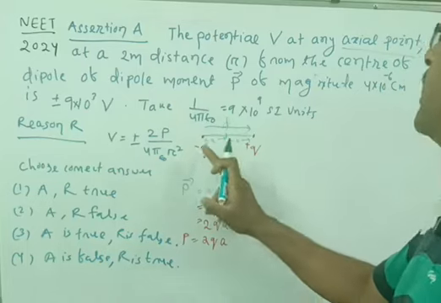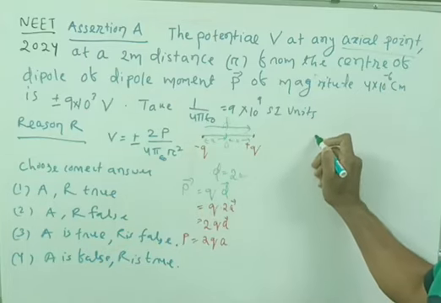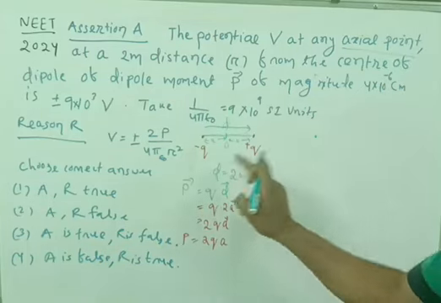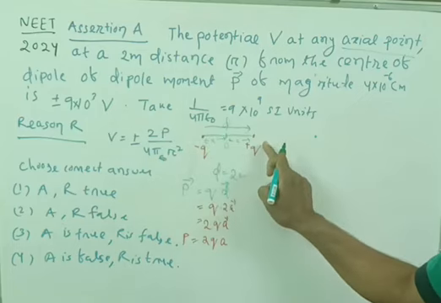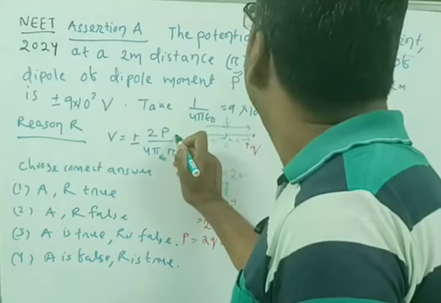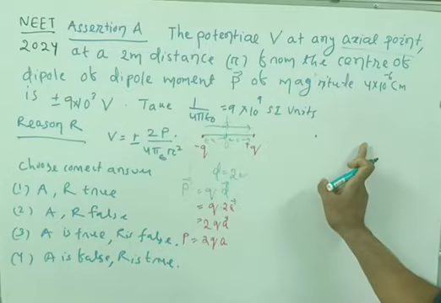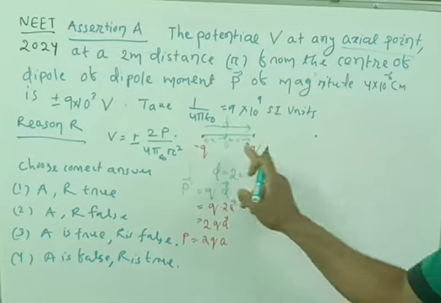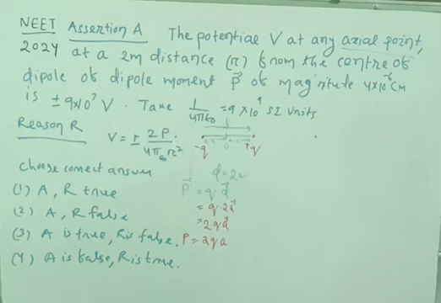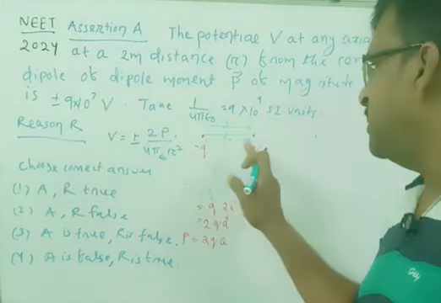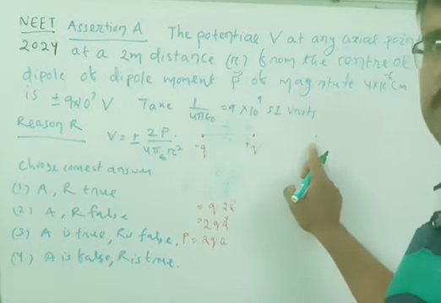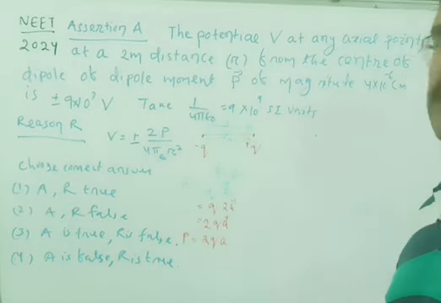Axial point means either the point is here, in this direction of the axis of the dipole, or here, in the direction of the positive charge or in the direction of the negative charge. There are two possibilities, and what will be the potential of this dipole system at this point and at this point? Let us find out.